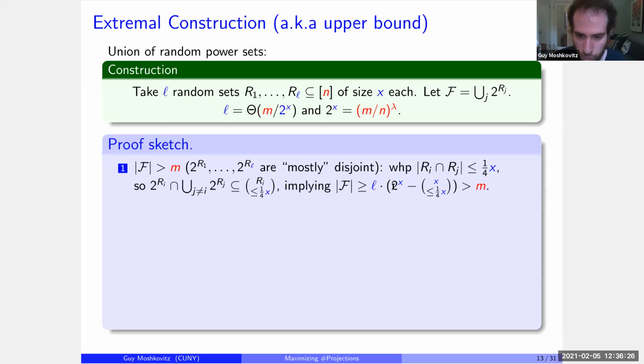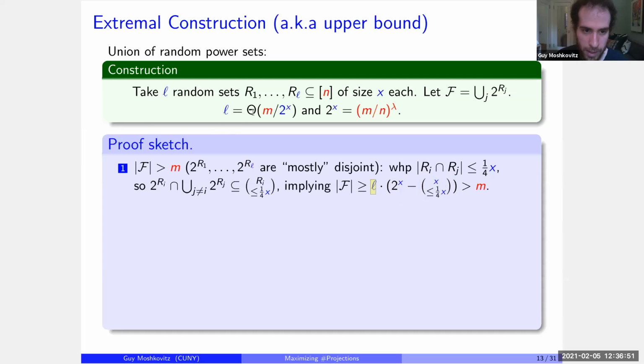So the number of unique sets contributed by each power set is the size of the power set minus the non-unique elements, which are all of size 1/4 x in a subset of size x. This is a sub-exponential quantity in x, so this difference is still roughly 2 to the x.